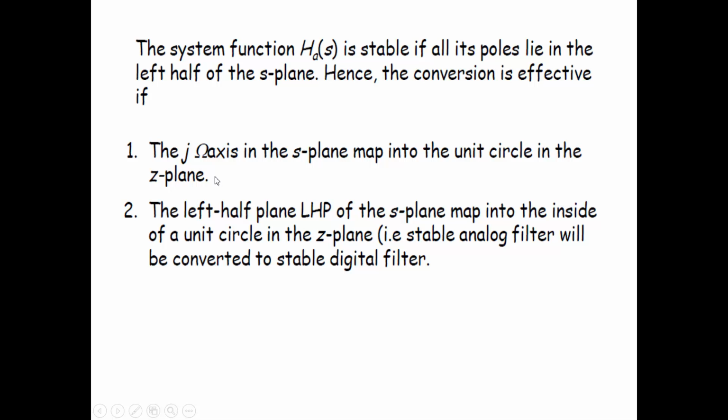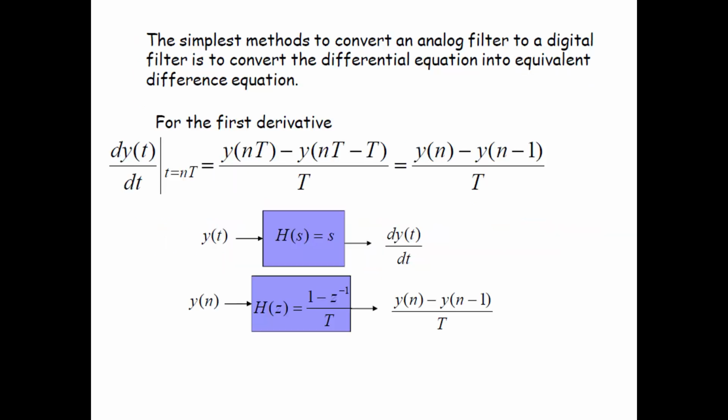So if the left hand side of the j omega axis maps to the inside of the unit circle, that also leads to a stable digital filter. The left half plane of the S plane maps into the inside of the unit circle in the Z plane, that is, a stable analog filter will be converted to a stable digital filter. So this point is very important, right? This establishes the mapping of the left hand side of the S plane to the inside of the unit circle.